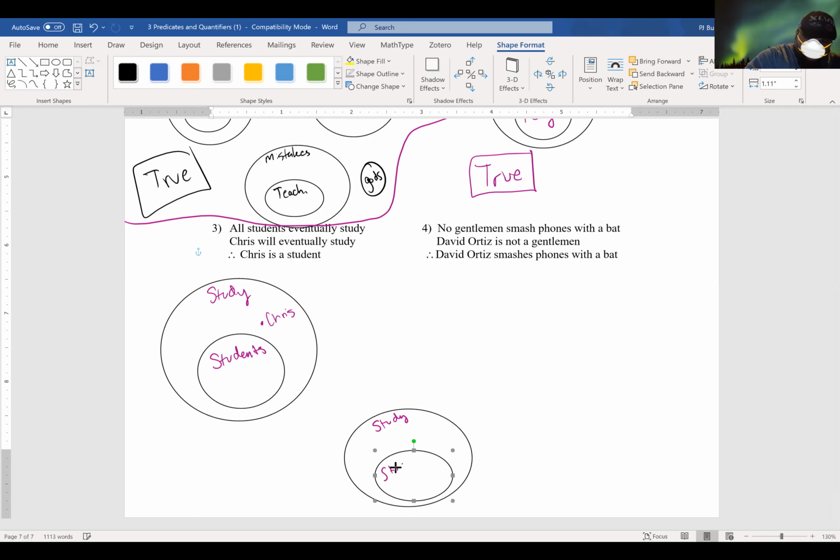There's another situation where he goes ahead and signs up for a class, and now he is a student. So, can we conclude that he is a student? We can't, because we have two situations. We have an option where he is and an option where he is not. So that is false.